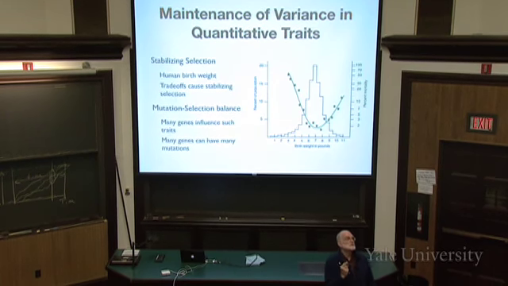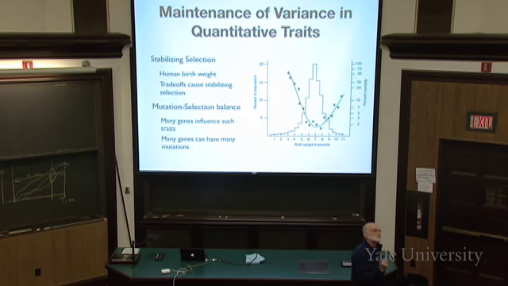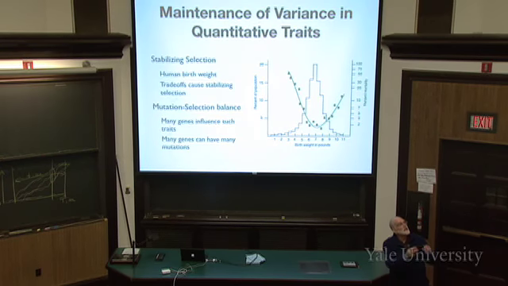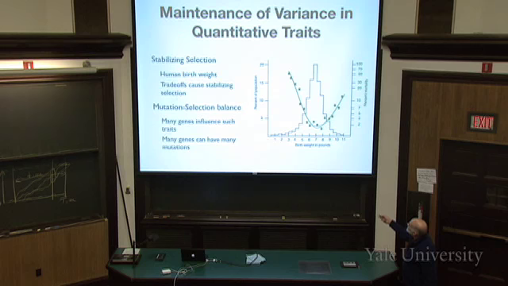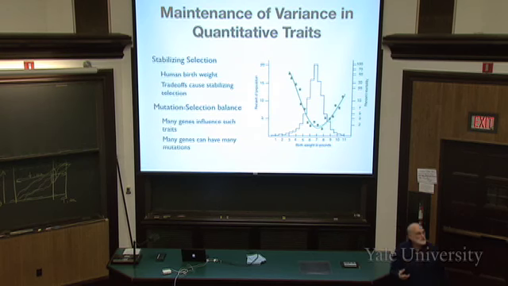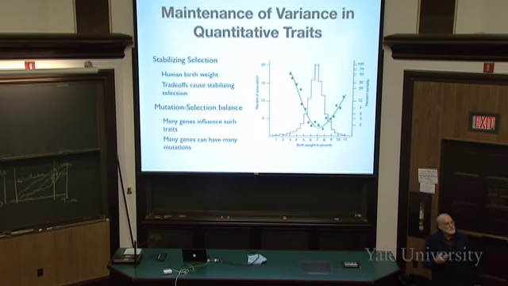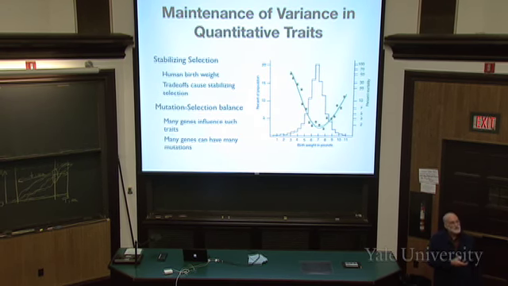And at each of those genes, mutations are coming into the population. And at each of those genes, there is a mutation selection balance. And when you add that up over hundreds of genes, you get quite a range of variation. Of course, some of this variation is also due to developmental effects of the environment, variations in the mother's diet and other parts of her physiological condition during pregnancy.